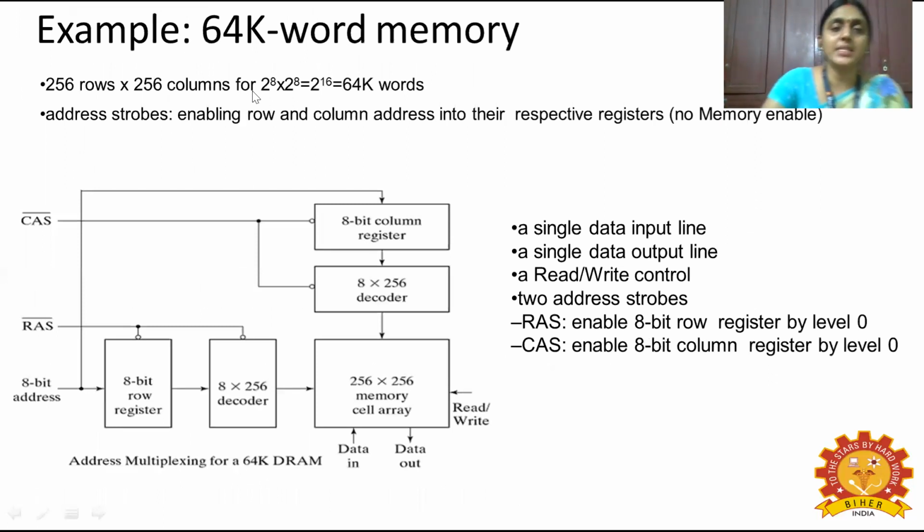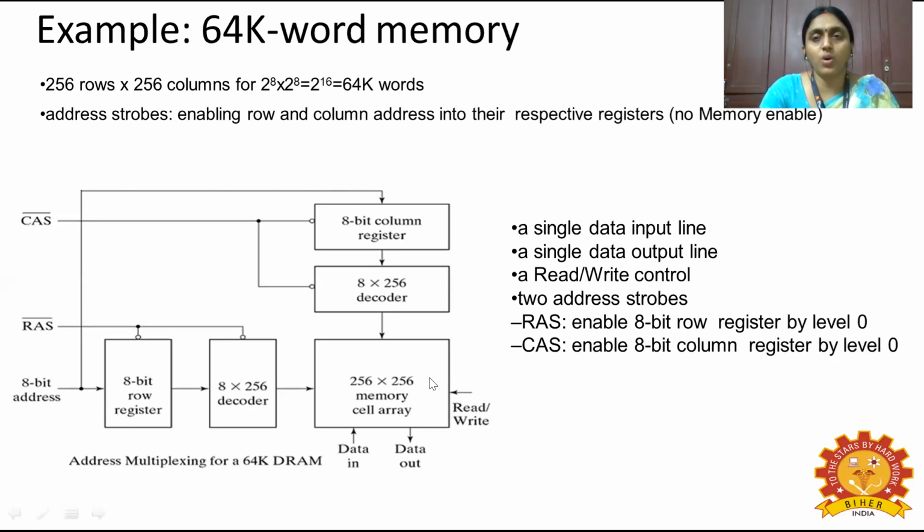Now we will see an example, a 64K word memory, which has 256 rows cross 256 columns, 2^8 cross 2^8, which is equal to 2^16, that is 64K words. The address strobes enable the row and column addresses into their respective registers, and no memory enable is found here.